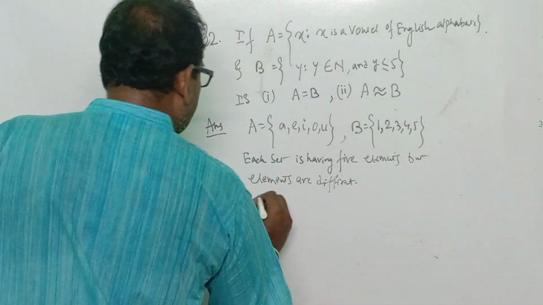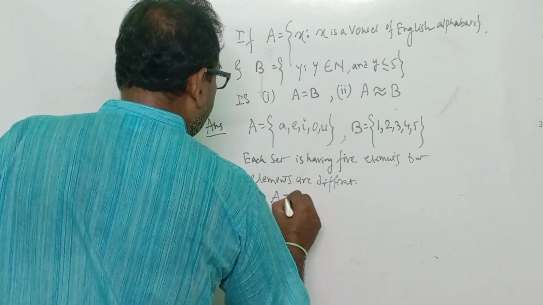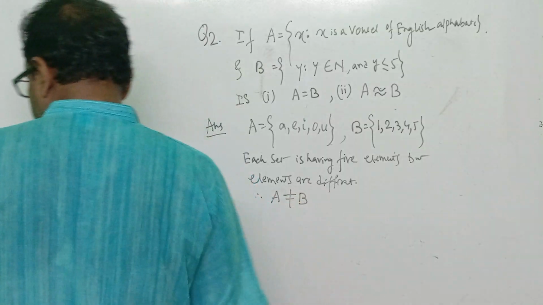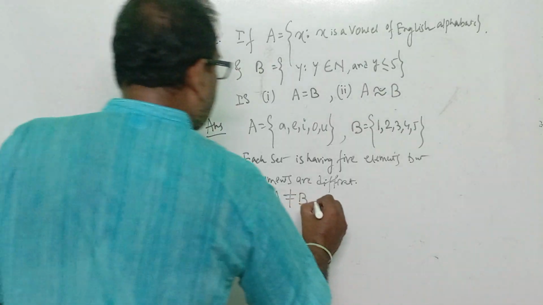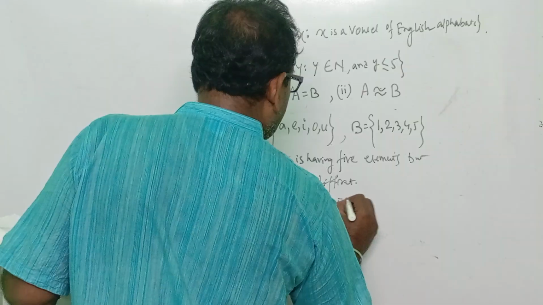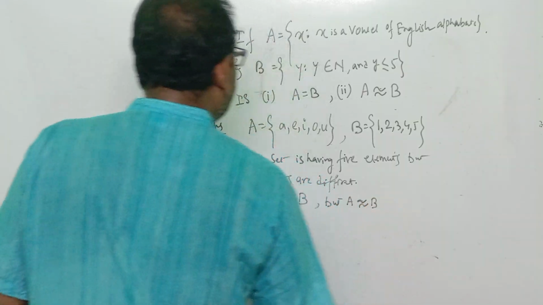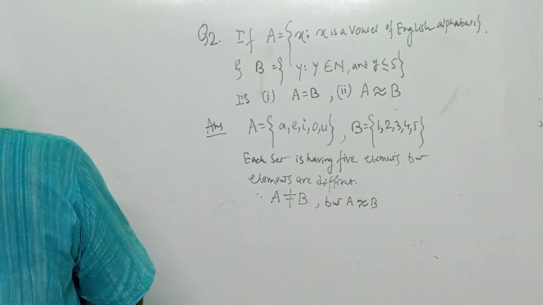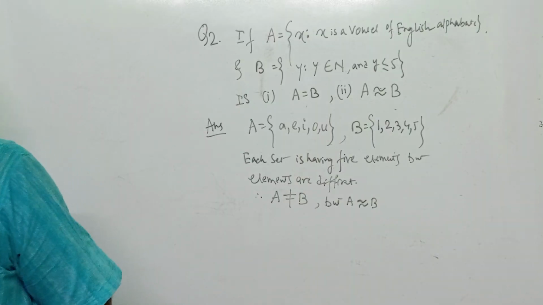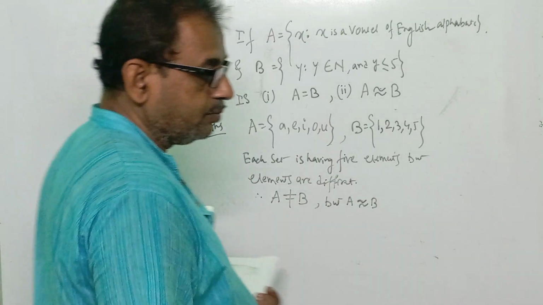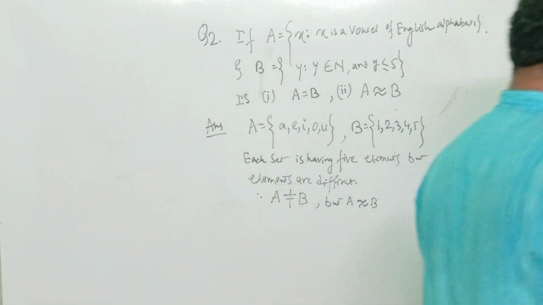So therefore A is not equal to B, but A is equivalent to B. Clear? This is question number 2.